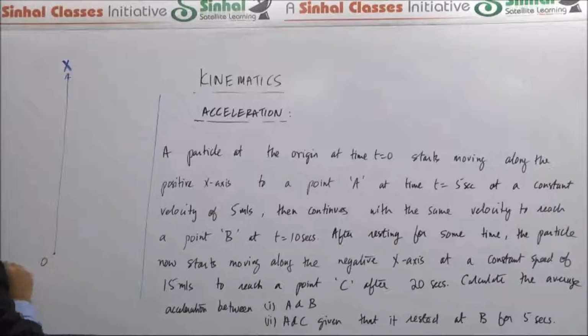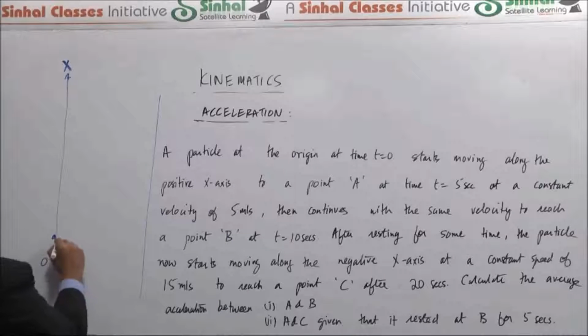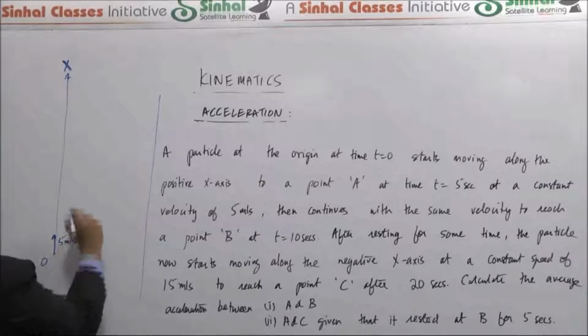The particle is here at t equal to 0. It starts moving from a point to a point A with a constant velocity of 5 meters per second.